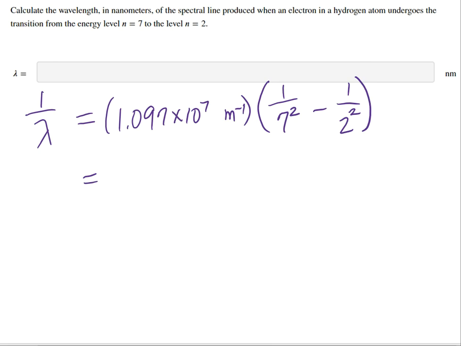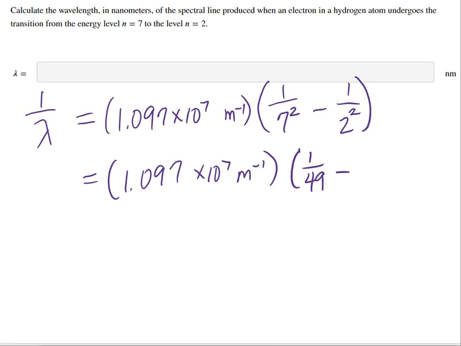Remember, we have to square those values. So 1 over 7 squared is 7 times 7, which is 49, minus 1 over 2 squared, so 2 times 2 is 4. Once you have this set up, you can then do that calculation.